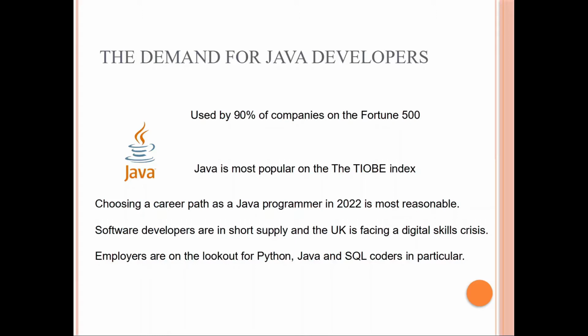It has become a major problem for the British, and many companies are now recruiting and searching for Java developers, senior Java developers. If you've been in this space for 5 years or more, you will be inundated with emails from recruiting companies from Britain and even in Europe. As we said, employers are on the lookout for Python, Java and SQL coders in particular.